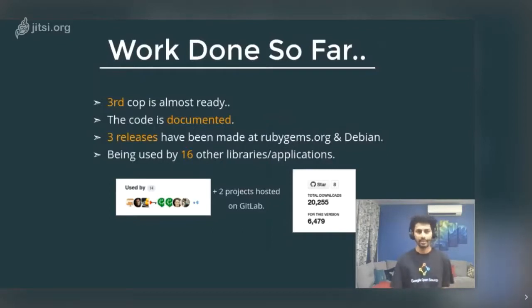And the best part is, even though this whole tool is just 2 months old and still in the development phase, it's being used by 16 other libraries and applications, as you can see, and it's been downloaded 20,000 times, right? So that's pretty nice. Although, full disclosure, people have integrated this tool in their CI.